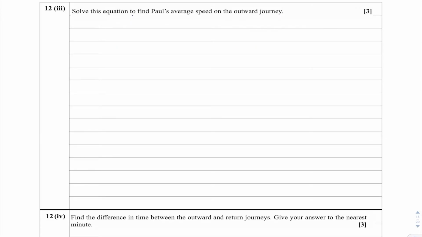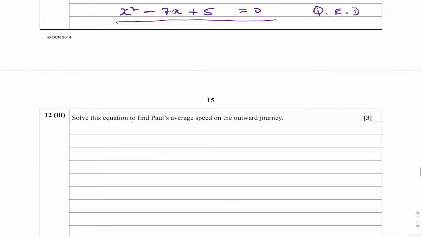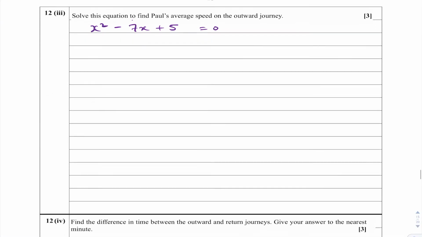Solve this equation to find Paul's average speed on the outward journey. Now the equation we're talking about is the last equation we derived, which is x squared minus 7x plus 5 equal to 0. We need to solve that equation.